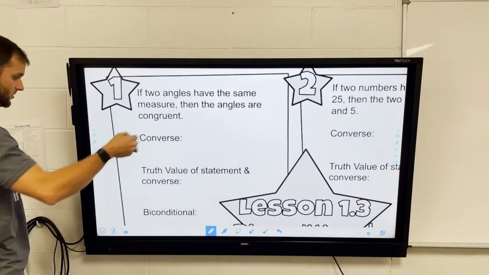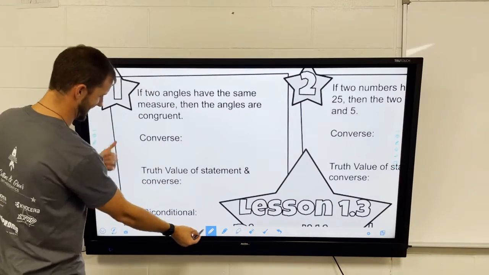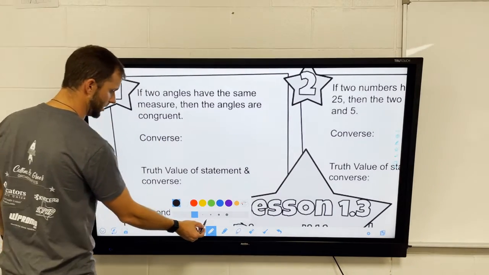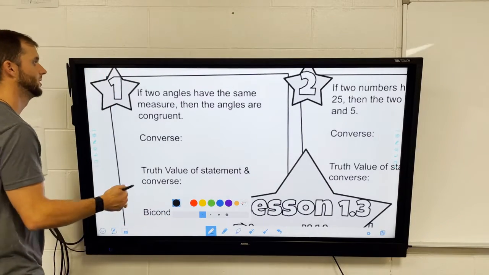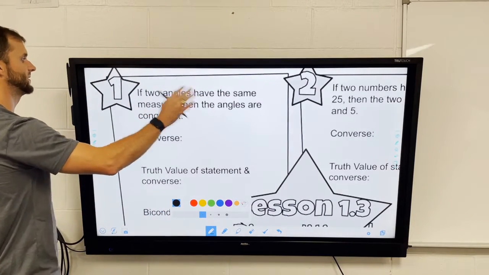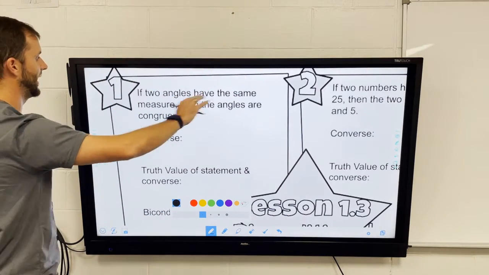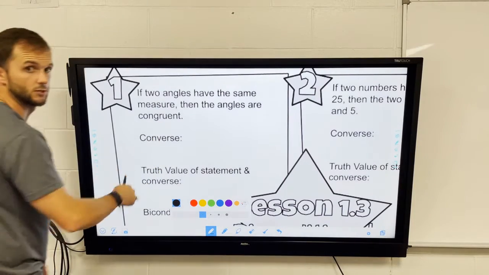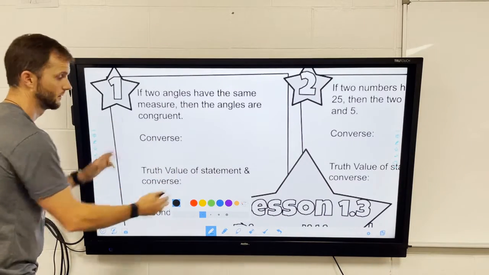So now if I was to do the converse of that, meaning I'm going to take the hypothesis and the conclusion and flip those. So if two angles have the same measure is going to be at the end. So here we go. This is going to pop up here.